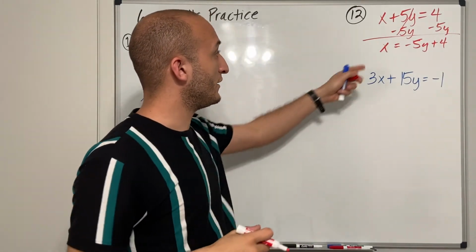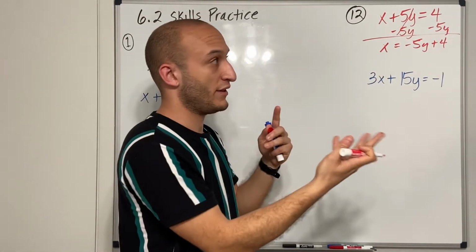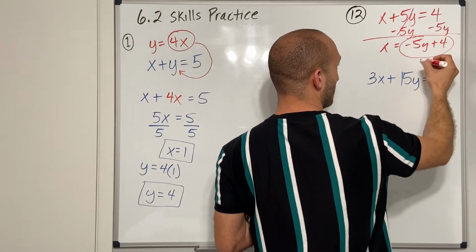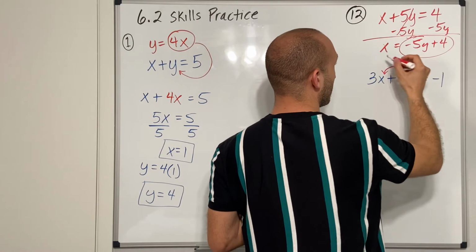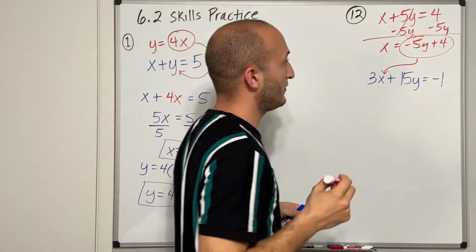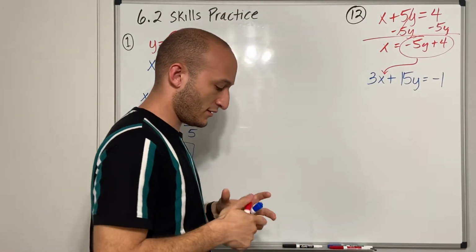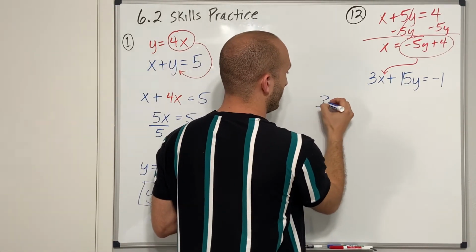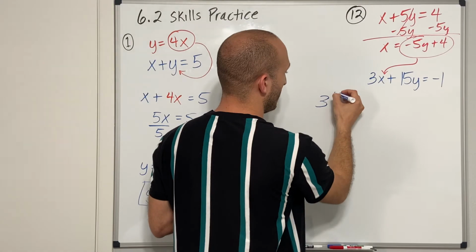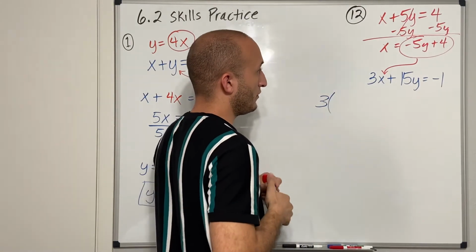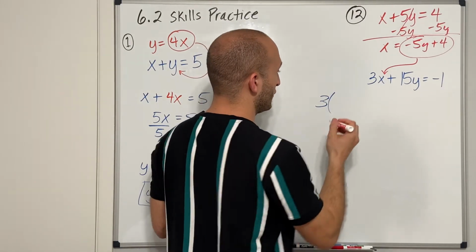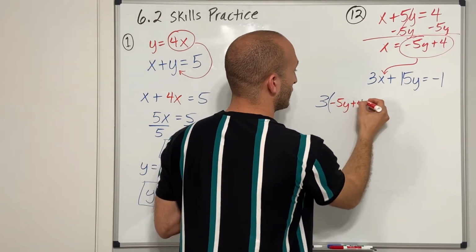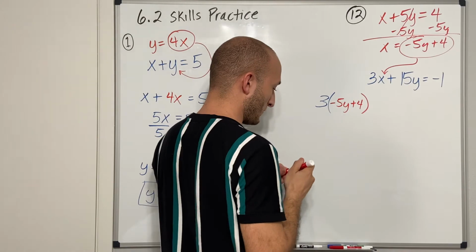Okay, and so now I have x equals something, okay? So that something is gonna be plugged in for that x because x equals all that, okay? So I'm gonna rewrite this. I'm gonna say 3 times my x, which is negative 5y plus 4.